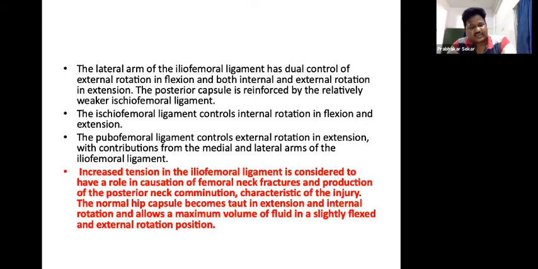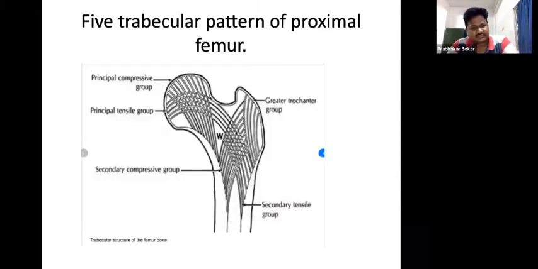So the first thing that occurs is the tension in the iliofemoral ligament, and that leads to hyperextension as well as external rotation, leading on to fracture of the femoral neck with posterior comminution. So any disturbance in the iliofemoral ligament ultimately leads to femoral neck fractures.